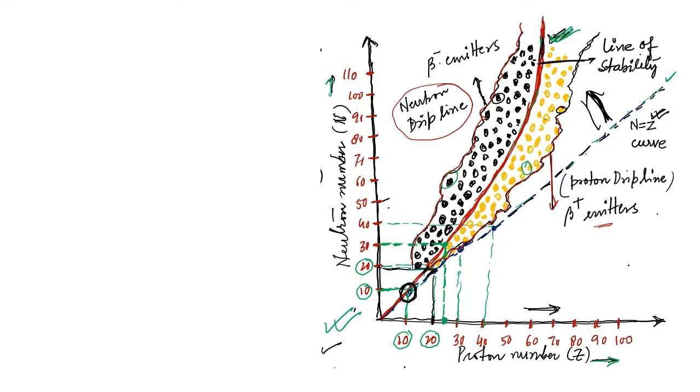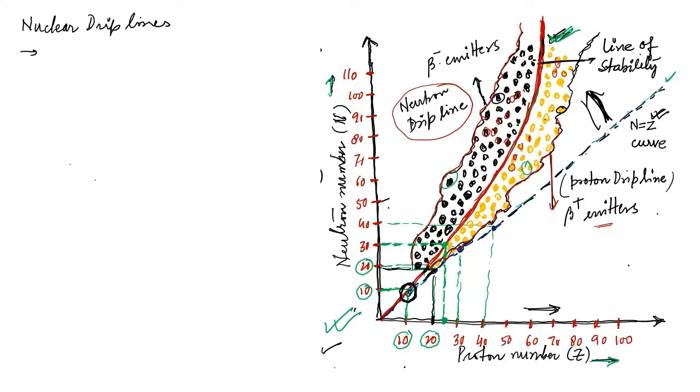So these are the two sides of the line of stability. This is my line of stability, and these are the two sides around which we have the nucleons sitting. So these nuclei have more protons than neutrons, and these have more neutrons than protons. So we are talking about the nuclear drip lines.